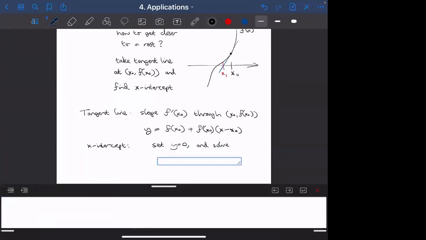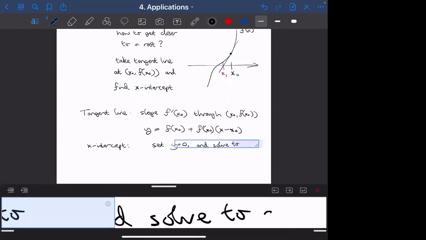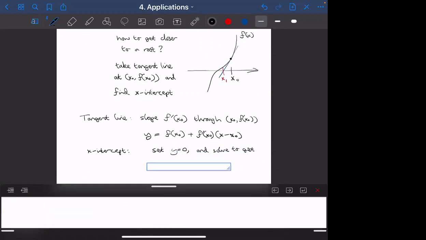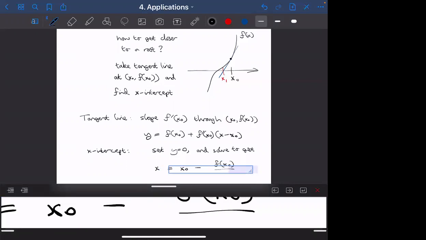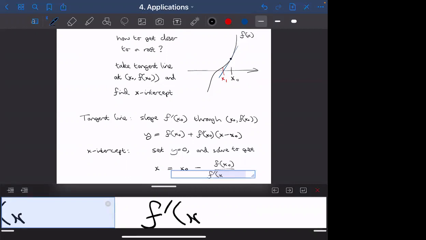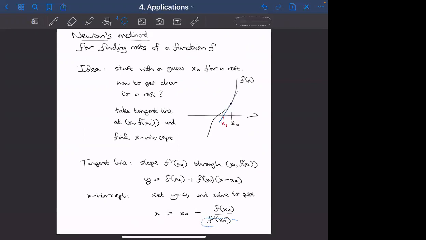So what do we get? We get x equals x0 minus f(x0) over f prime x0. So substituting that back in, do we get the right answer?